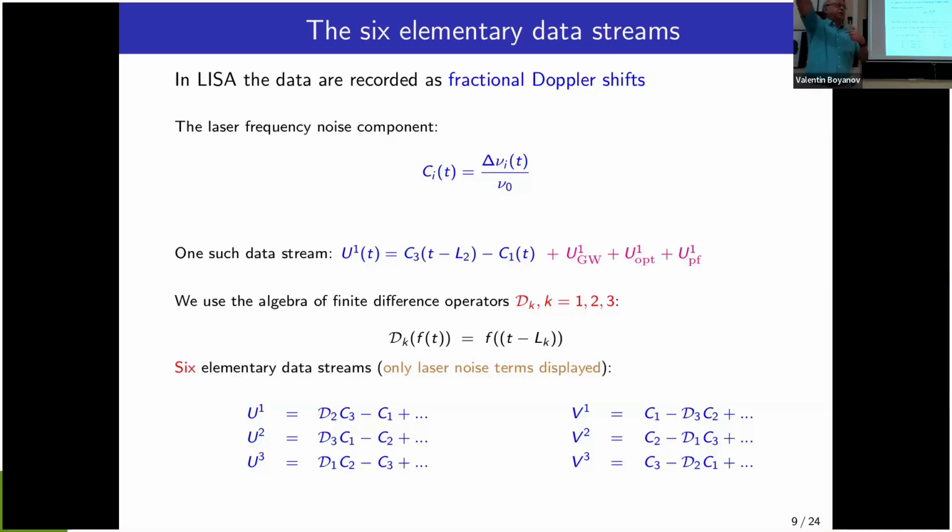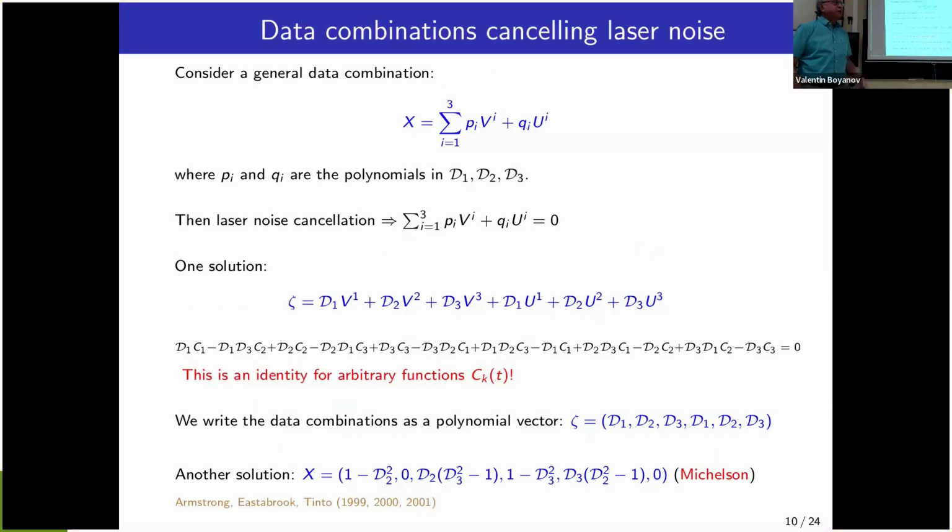Remember the earlier one, where you had these loops and so on, where we had D1 squared minus D2 squared, something like that we need to do here. Except that this problem is technically much more complicated, and that's why you need algebraic geometry. So this is a general data combination where you take sum over i, combining all the data streams together, V_i and U_i, but you multiply these by polynomials in the delay operators.